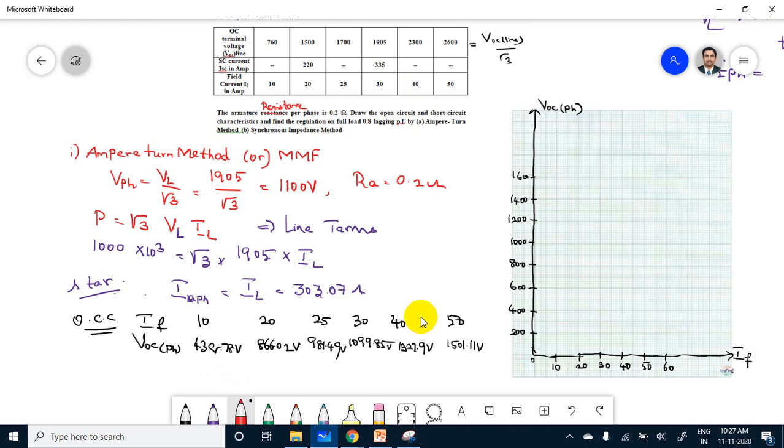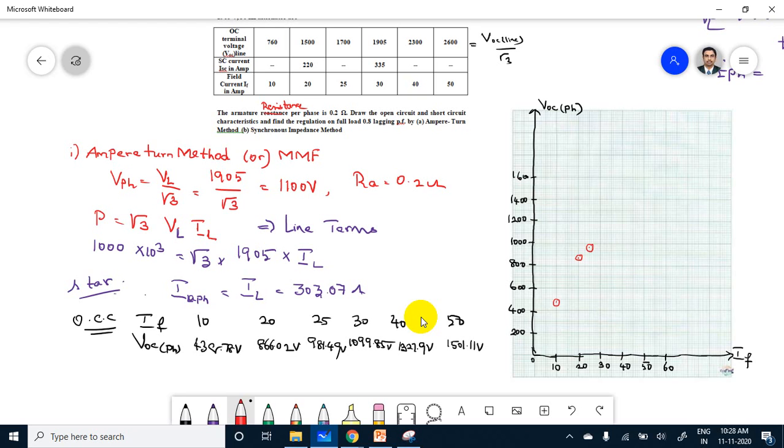For 10 current, where do I have to plot? For 10 current, the voltage is 438, here. For 20 it is 866. For 25 it is 981, which comes around here.